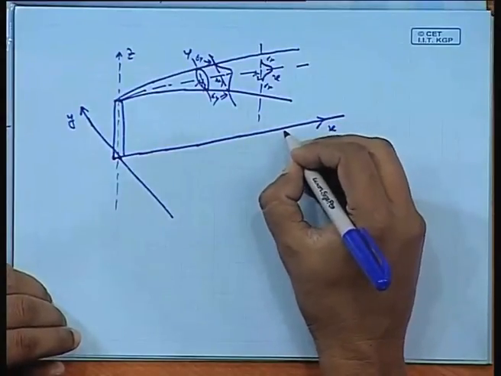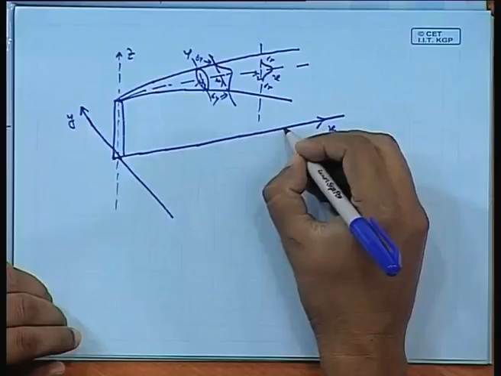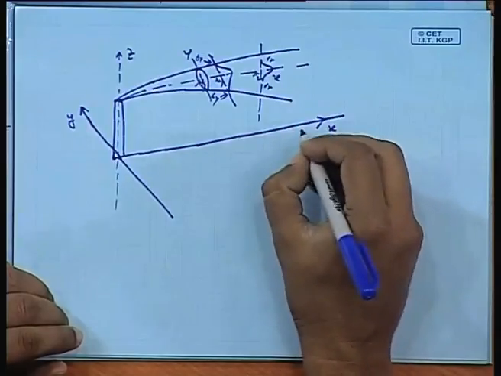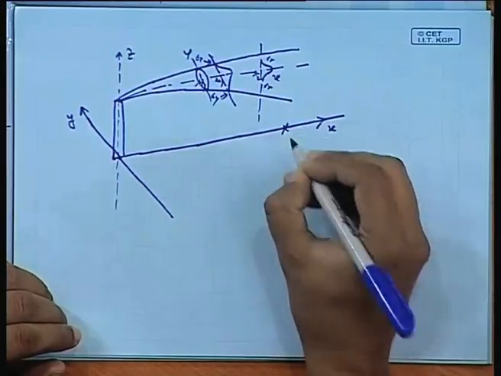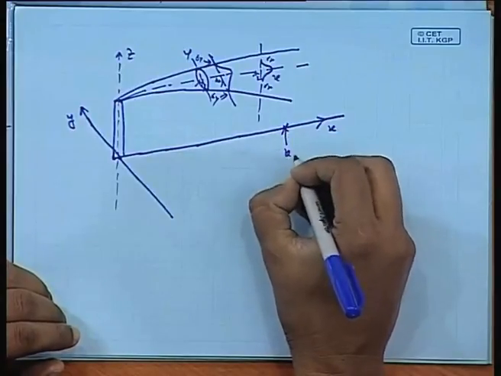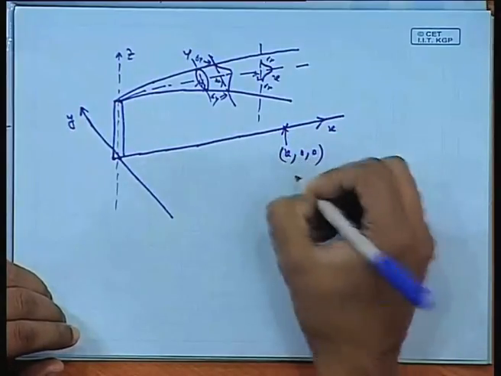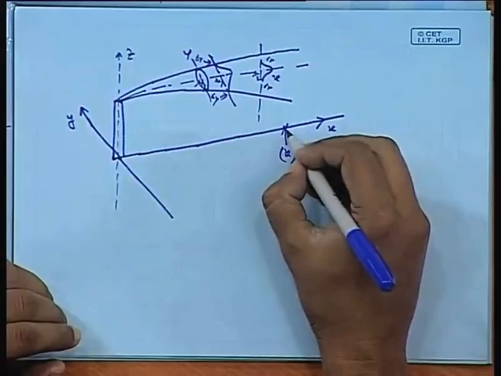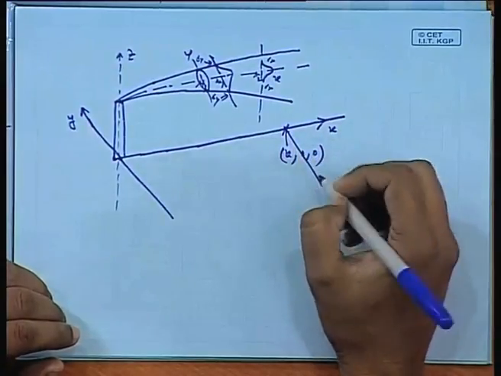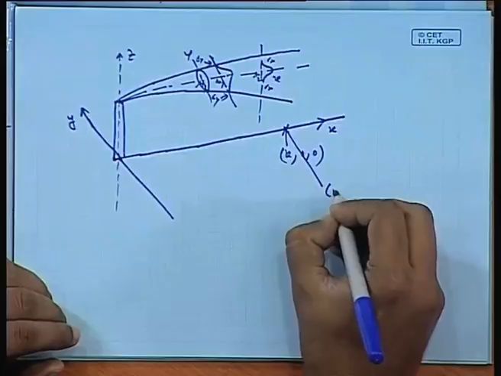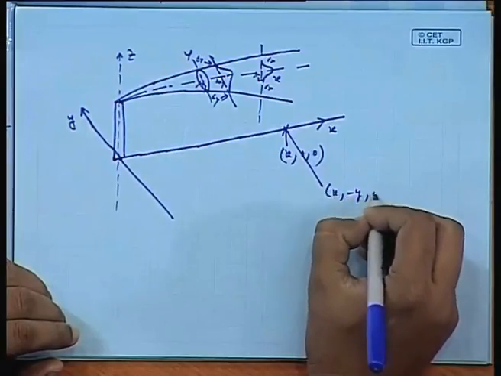Here you can see, I think it does not need much explanation, that this point here is x 0 0, and this one is x minus y 0.